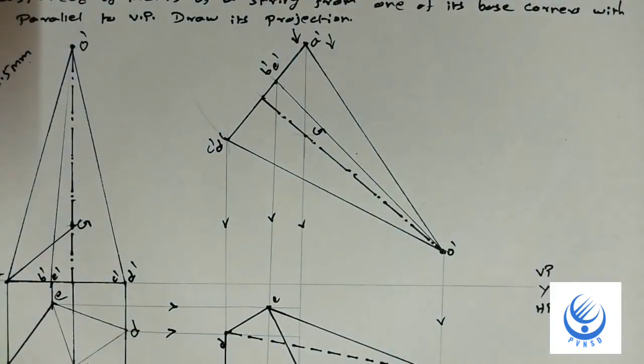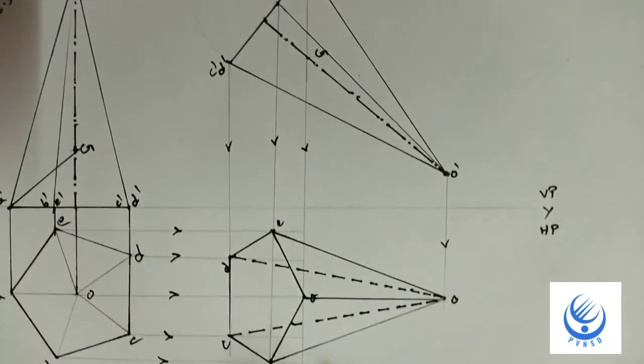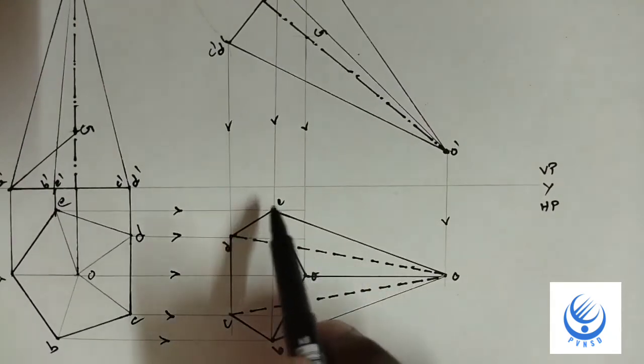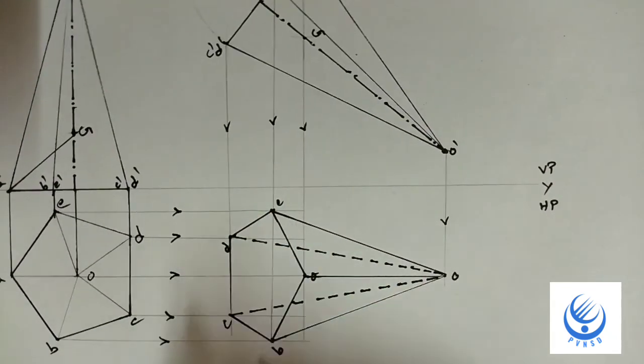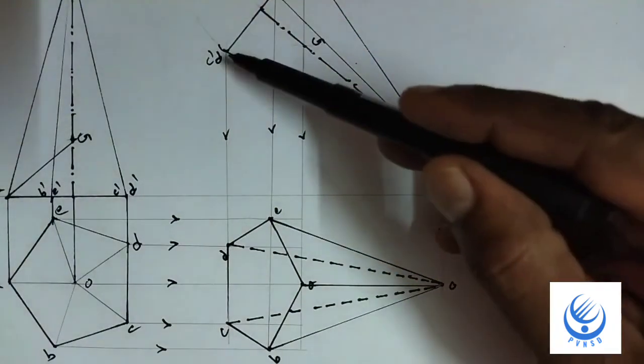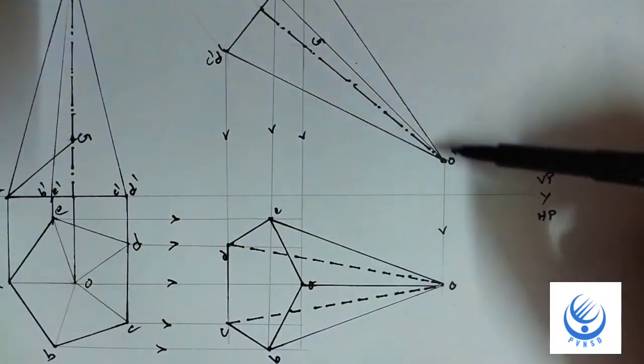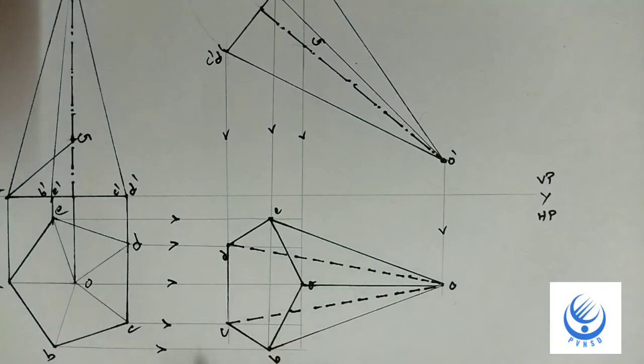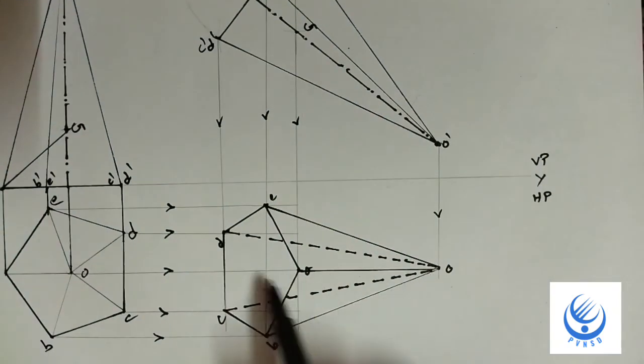So B, O dash, A, O, E, O only visible lines. Below the bottom of the center line, C, O, D, O is invisible.